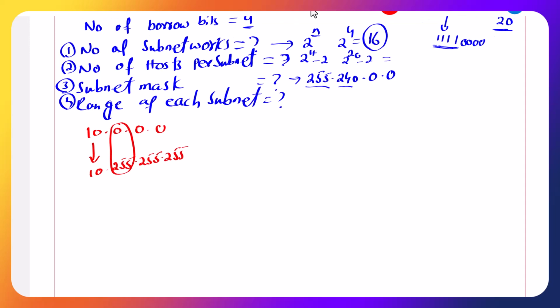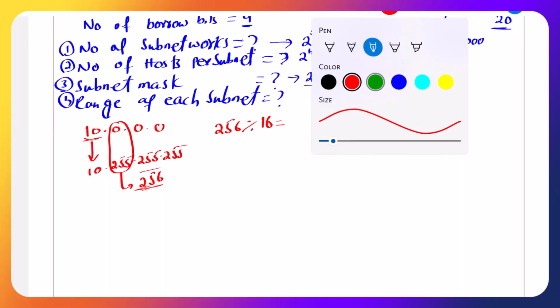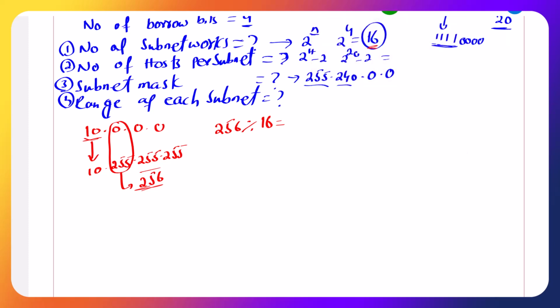What is the value of this second octet? 256, the total range which belongs to 10. Now it is divided into how many subnetworks? 16 subnetworks. So take 256 divided by 16, which is equal to 16. It means each subnetwork range is 16 in the second octet.